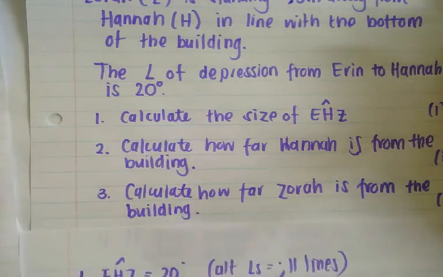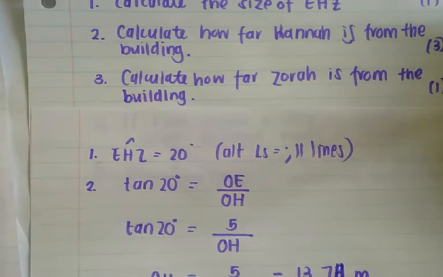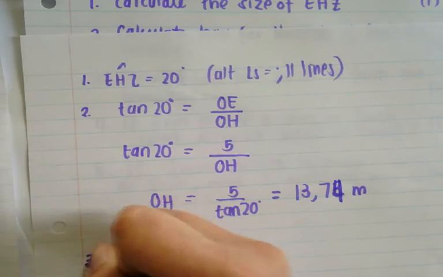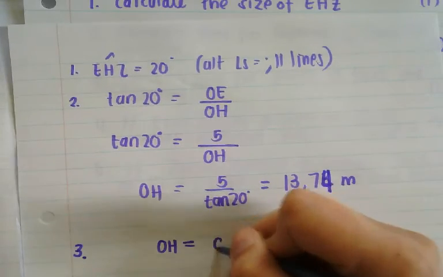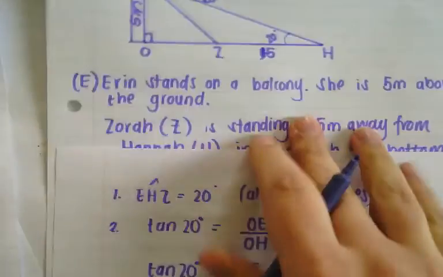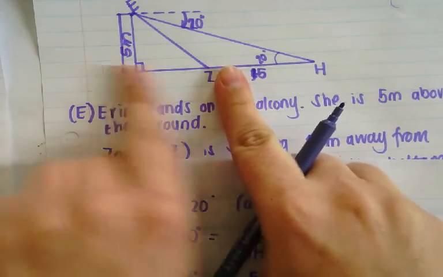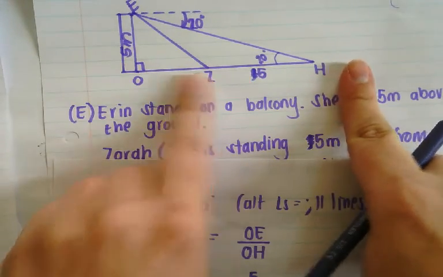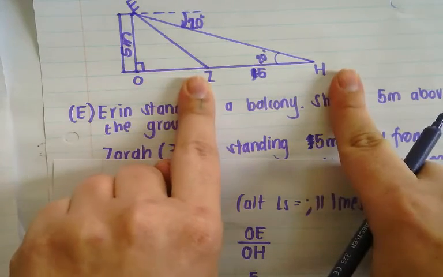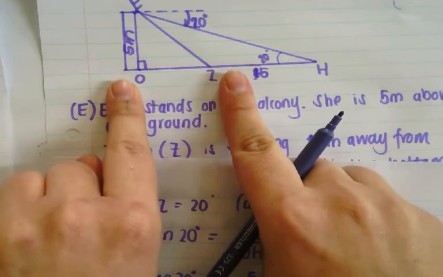My next question is, how far is Zora from the building? Well, we know that OH is equal to OZ plus ZH, don't we? We know that that full distance can be broken up as to how far Zora is and how far Zora is from Hannah. So if the full distance is 13,74 and Zora to Hannah is 5, how am I going to calculate Zora to the building?